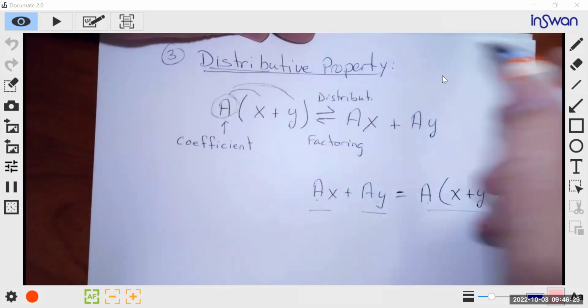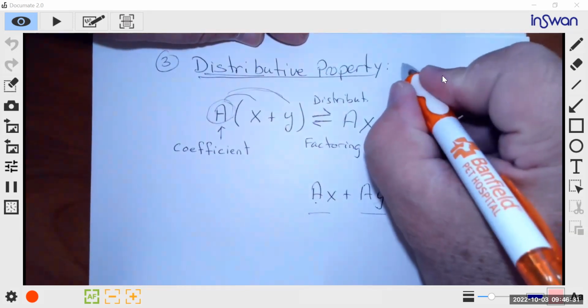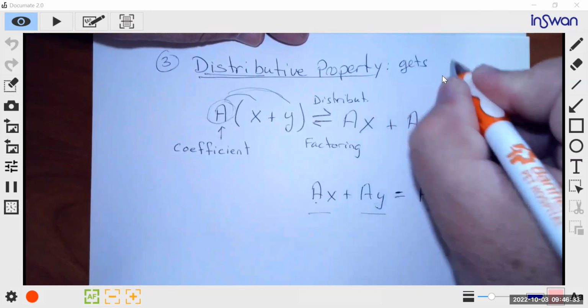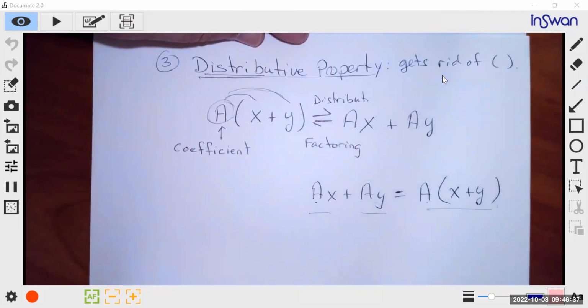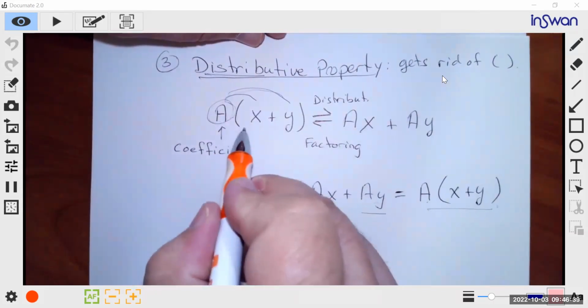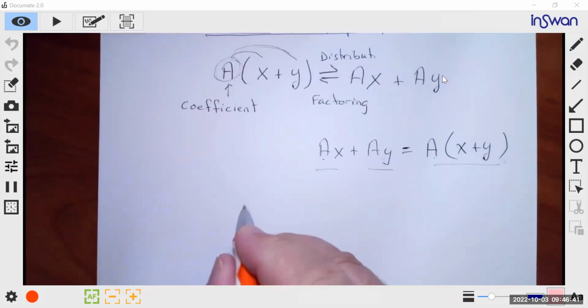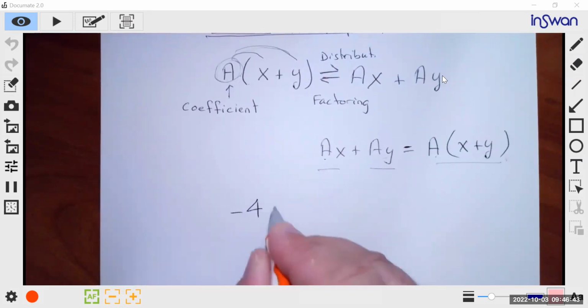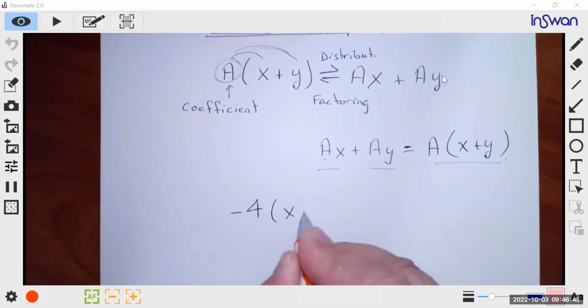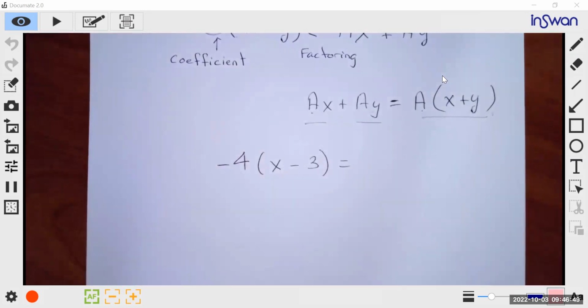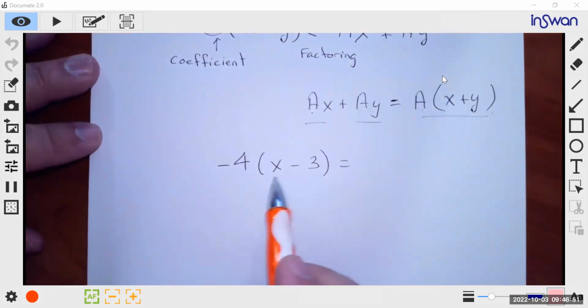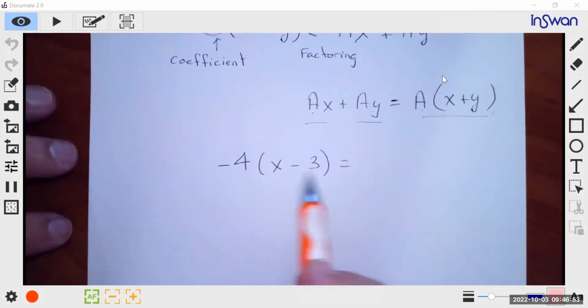So one benefit of the distributive property, it gets rid of parentheses. You have parentheses right here. Because if we can't do anything inside the parenthesis, order of operations, do inside the parenthesis first.